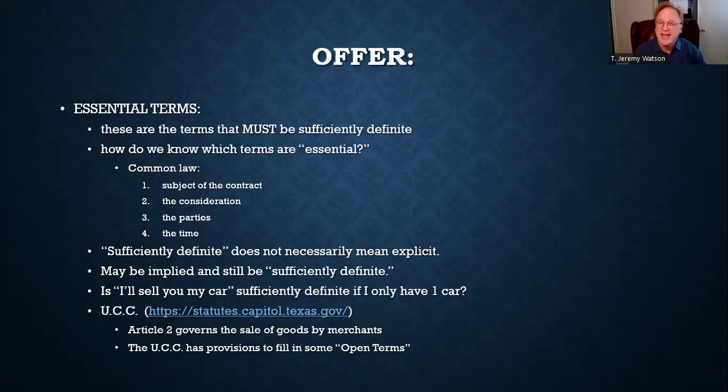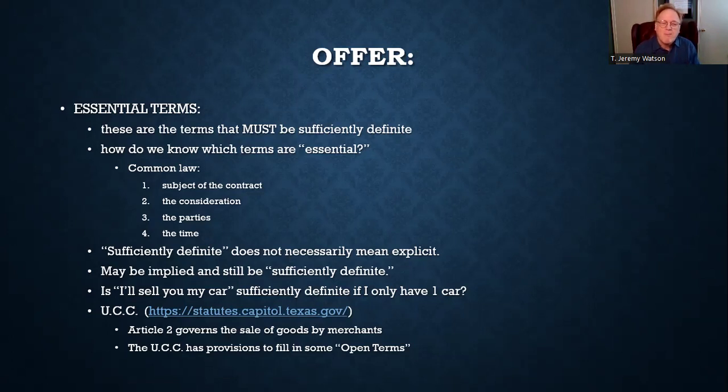If I say I'll sell you this candy bar for $1, a jury's liable to believe that a reasonable time is like right now, right? The next 5 or 10 minutes. You can't come back to me in 3 days with $1 and say, hey, where's that candy bar? Whereas a car, if you say I'll sell you a car for $1,000, maybe a jury thinks that a day or 2 or 3 is a reasonable time.